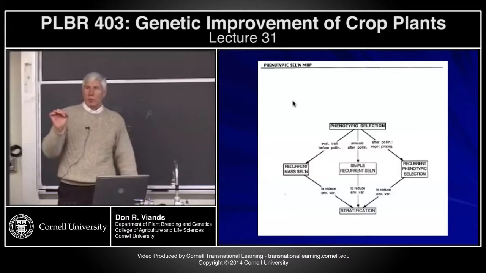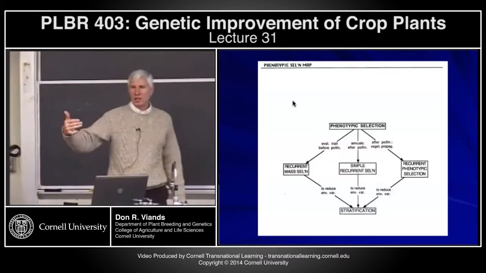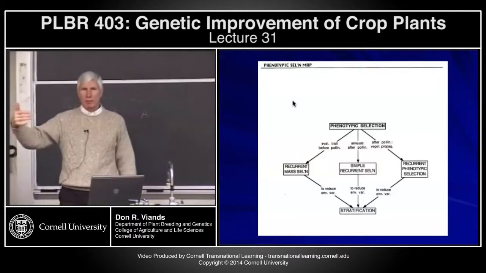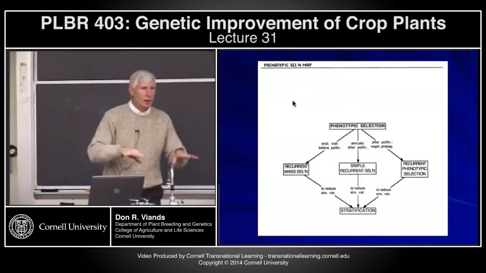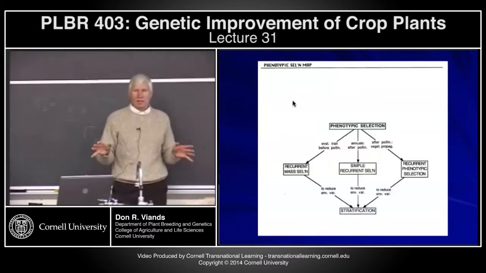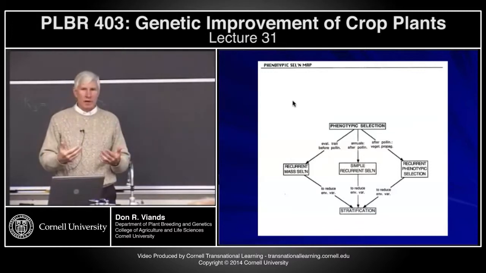Okay. What you're trying to do is to evaluate plants that are at least related to each other. In fact, for the replicated clonal propagation, they're identical plants. But you're replicating them in micro and even macro environments so that you can have an evaluation in more than one microenvironment.